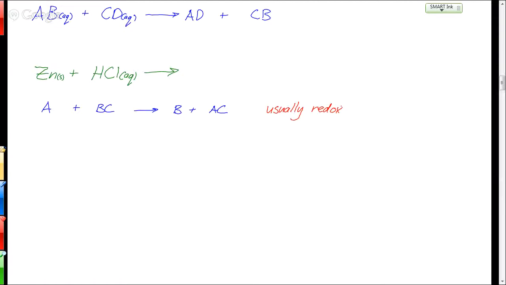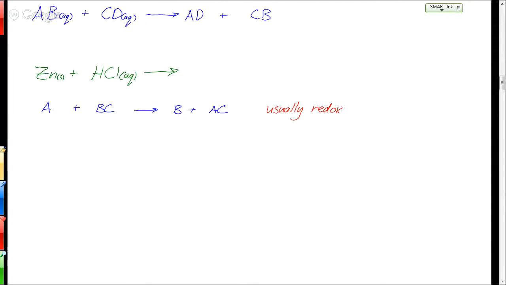So how do we solve a reaction like this? How do we figure out what's going to happen? Anybody? Strategy? Would you know the product of this reaction if I asked you to write it down?